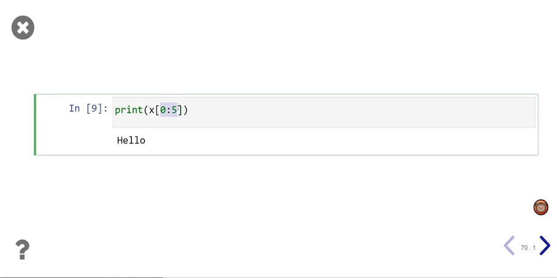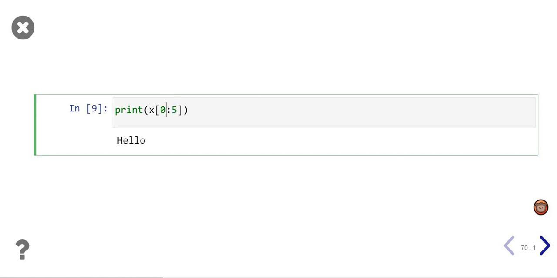These things apply the same for positive and negative index. Always remember that this one is the starting point and this is the ending point minus 1, or 1 point before.